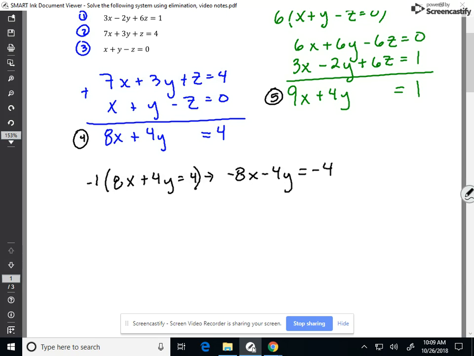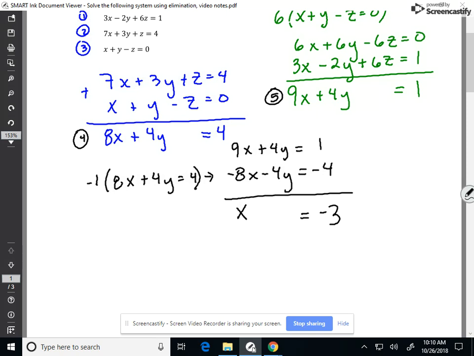Now, if I add that to equation 5, positive 9x plus negative 8x is just going to give me x. 4y and negative 4y cancel. And 1 and negative 4 make negative 3.